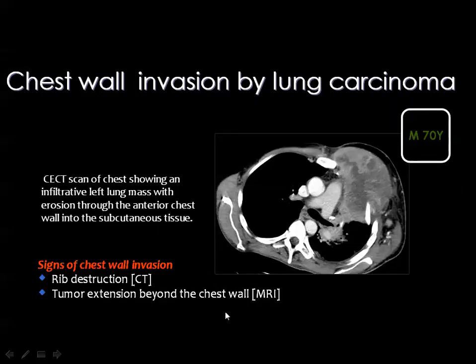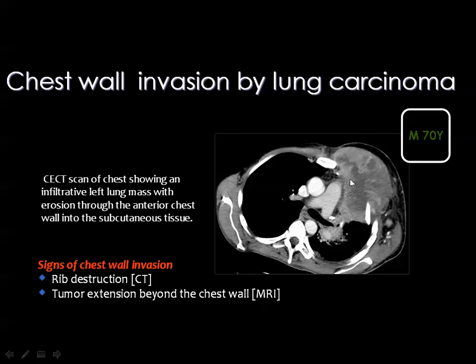Then you remember that bronchogenic carcinoma, especially the peripherally located tumors, can invade the chest wall and even go outside the thoracic cavity. And you remember that the two most important signs for chest wall invasion are rib destruction and tumor extension beyond the chest wall.